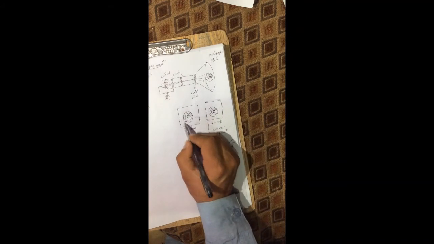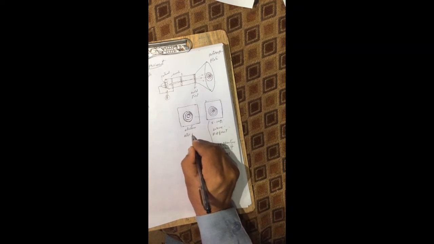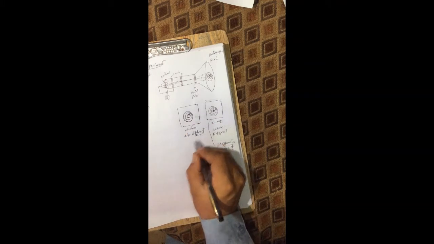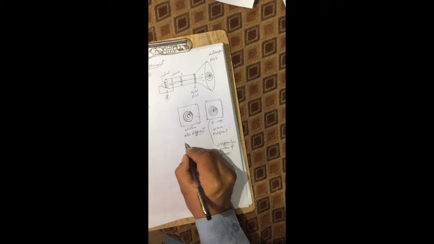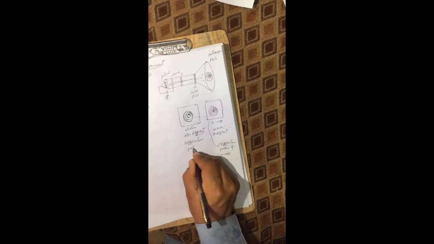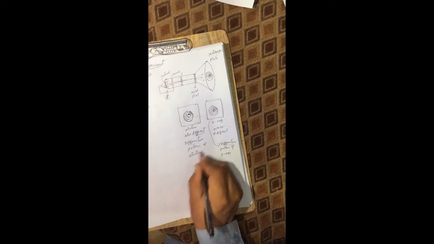Now for the electron, we see the same pattern on the photographic plate. We have bright circular rings, then a dark ring, then bright, then dark, then bright, then dark. So it means that electrons also diffract. This is the diffraction pattern of electrons.